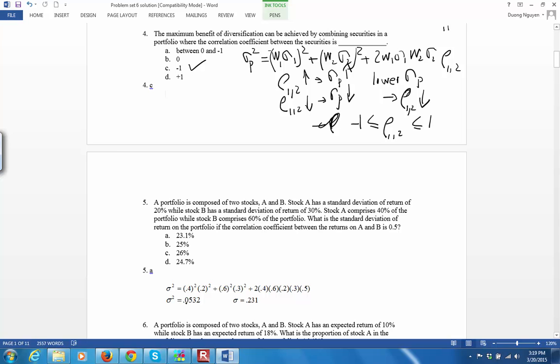You get a variance of 0.0532. You take the square root, and the standard deviation is 23.1%.